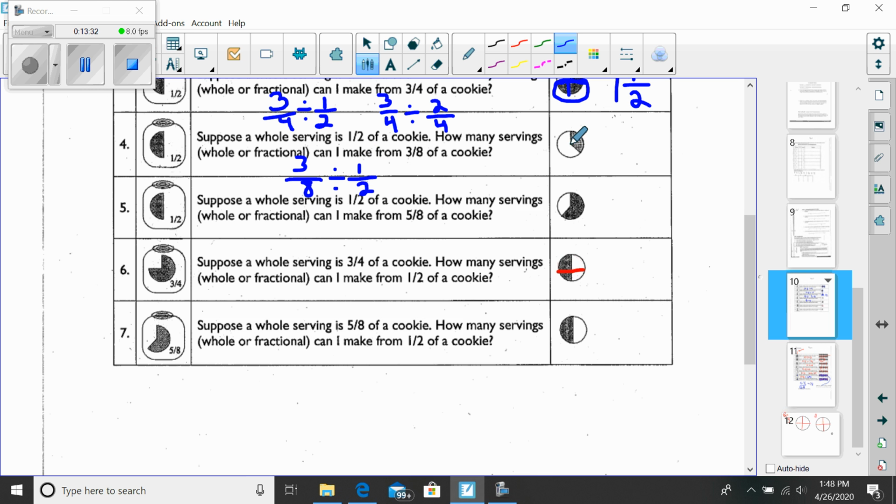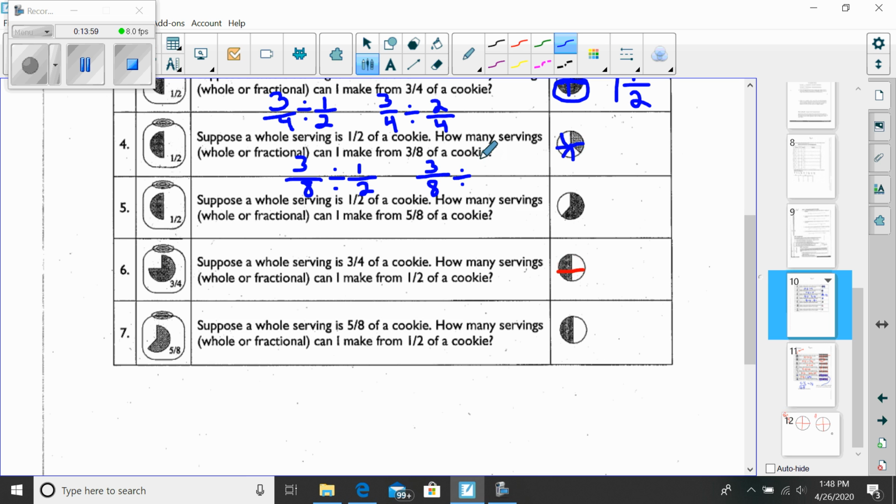Like if I were to come over here, split this into 8ths. I have 3/8 of the cookie, and a serving is a half of a cookie. Okay, so in other words, a serving is 4 of those 8ths.